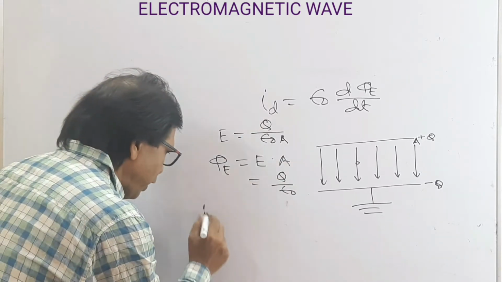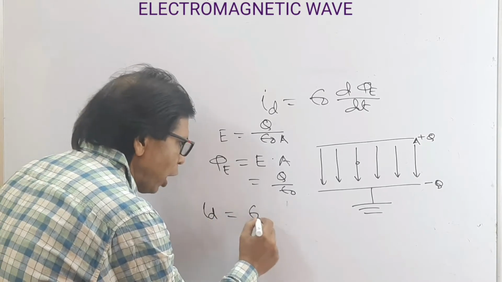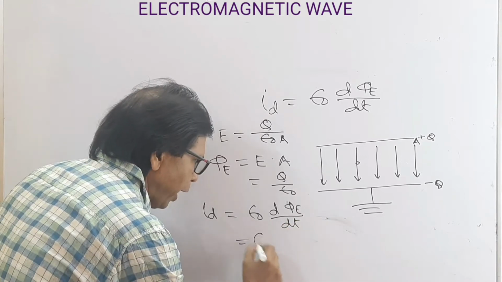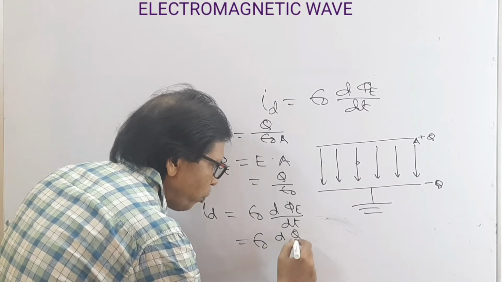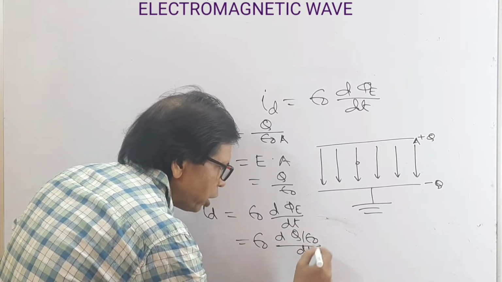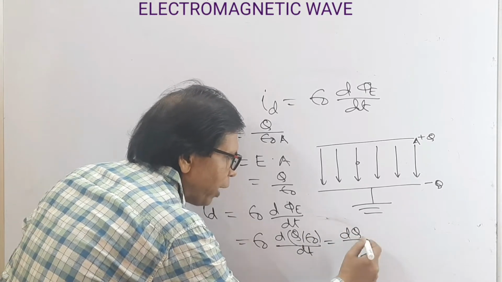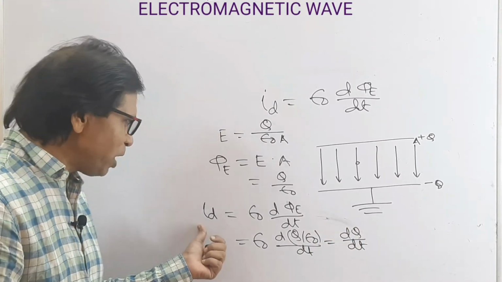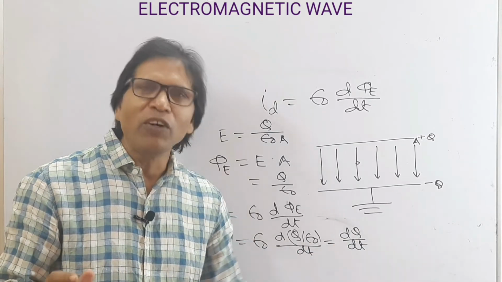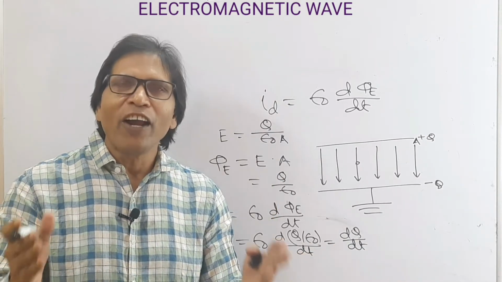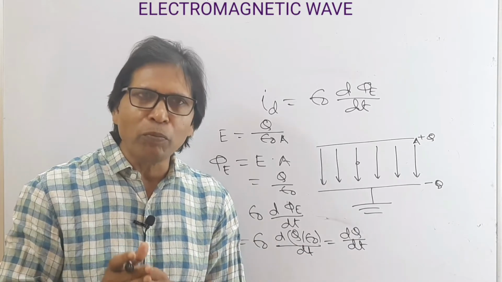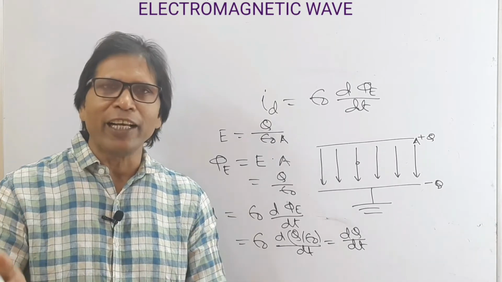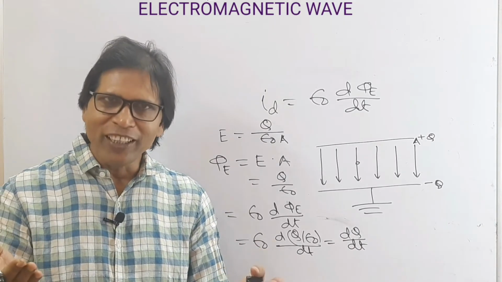Now displacement current I_D equals epsilon naught d phi E by dt, so this is epsilon naught times d of (q by epsilon naught) divided by dt. So this is dq by dt, which is the conduction current. So displacement current is numerically equal to the conduction current. Conduction current is produced when electrons flow through a conductor, and displacement current is produced when there is a time varying electric field. Okay, understood?